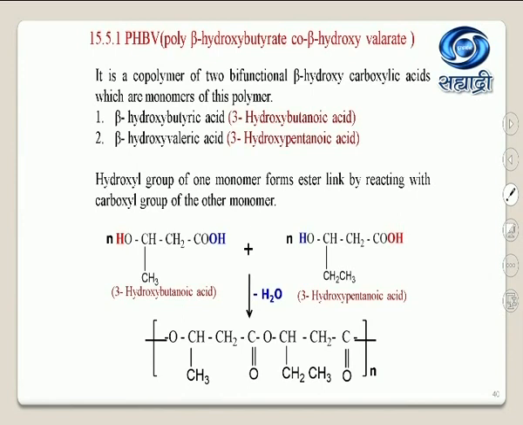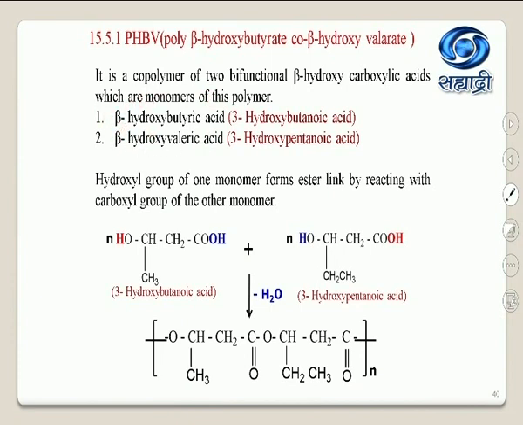So in this butyric acid, according to the common name system, there is one hydroxyl group on the beta carbon atom, because the carbon next to the carbonyl group is known as the alpha carbon and the next carbon is the beta carbon atom. So the OH group is there on the beta carbon atom, therefore according to the common name system it is known as beta-hydroxybutyric acid.